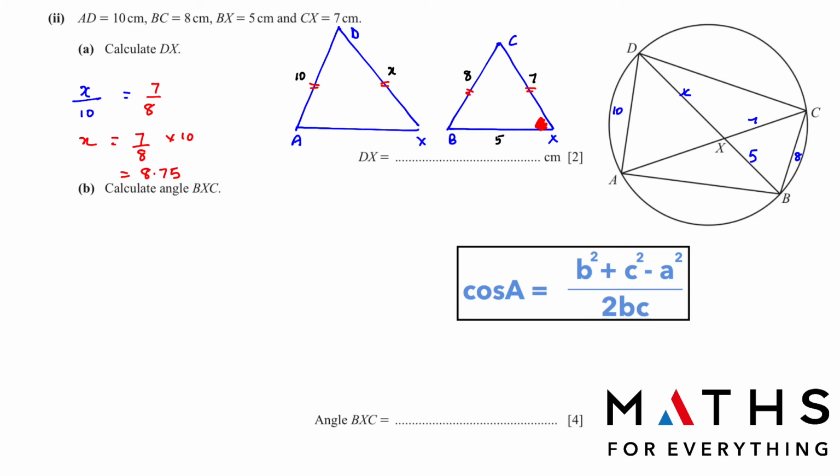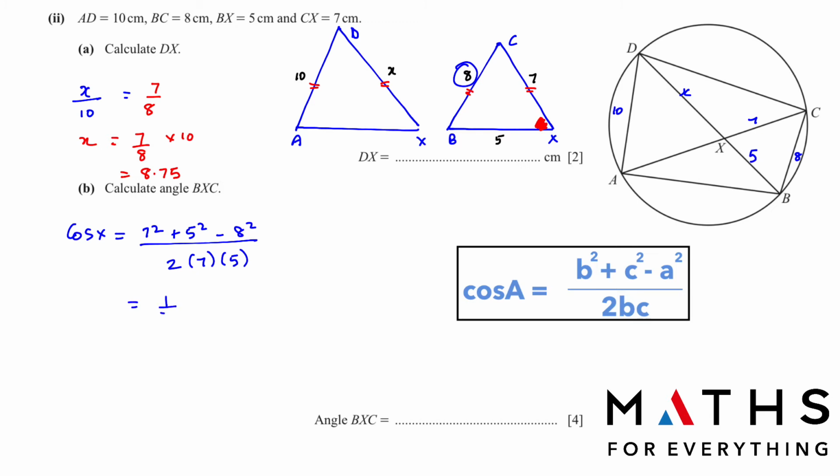If you want to find angle A, the side opposite to it will be after the negative. B and C can be anything. So we want to find cos x. What is the side opposite it? 8. The other two sides we'll write here. 7 squared plus 5 squared minus 8 squared over 2 times 7 times 5.